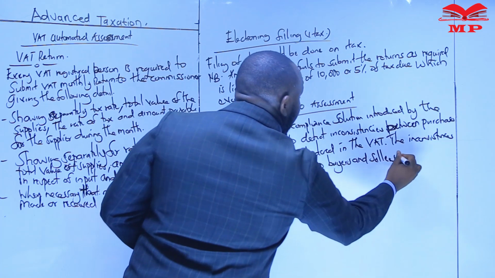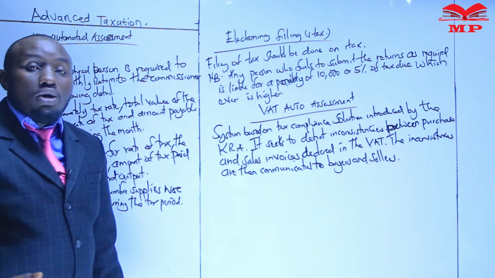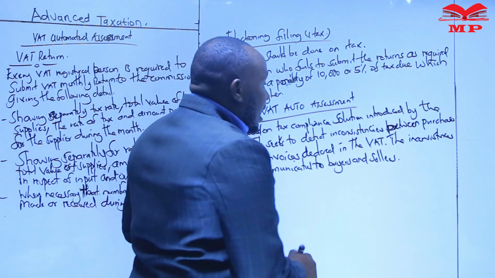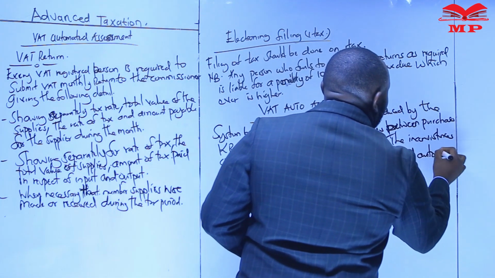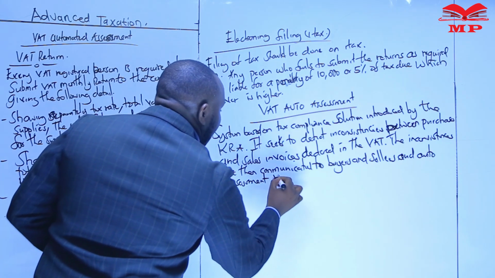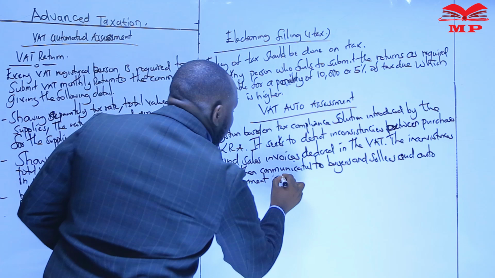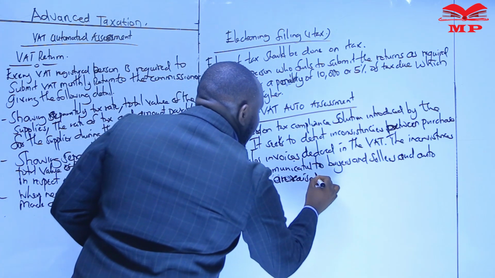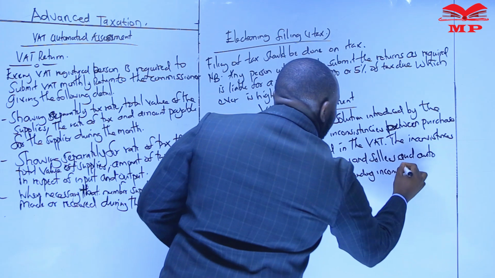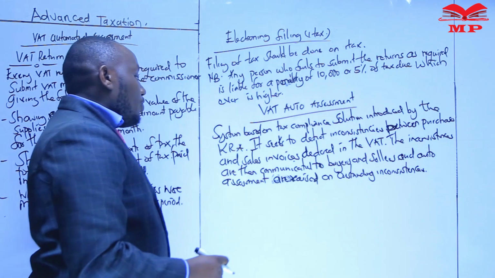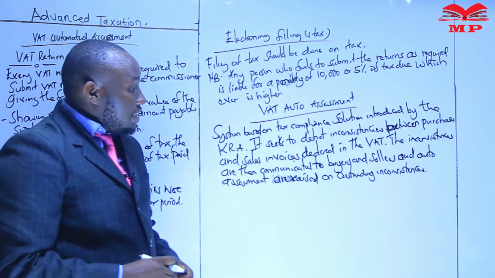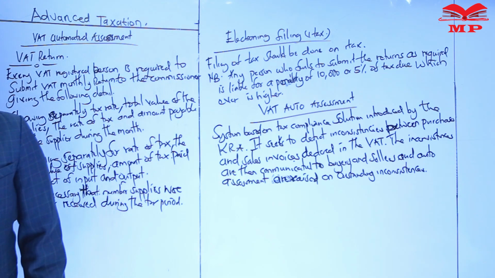These anomalies are communicated to the buyers and sellers, and auto assessments are raised on the outstanding inconsistencies. That is what we call auto assessment: it is raised on outstanding inconsistency.